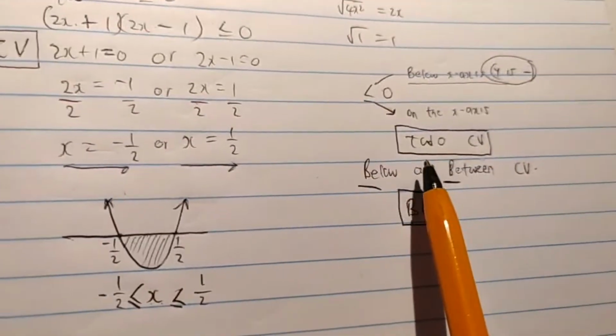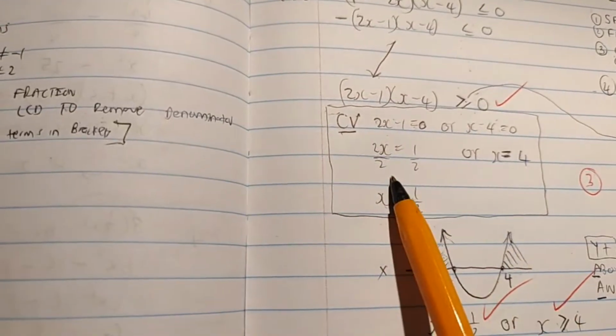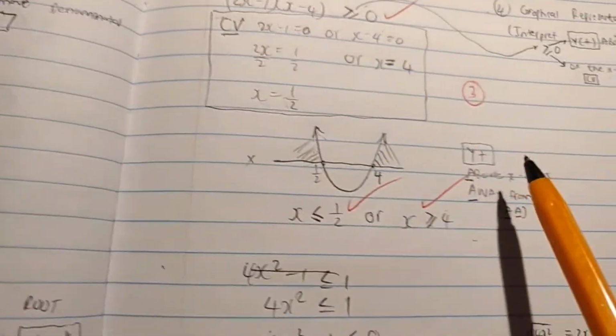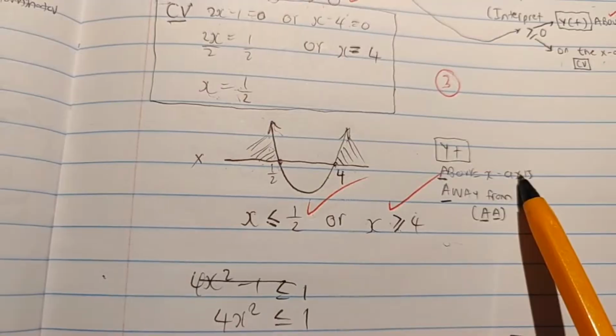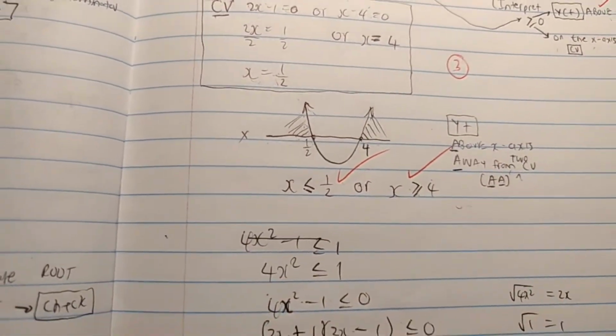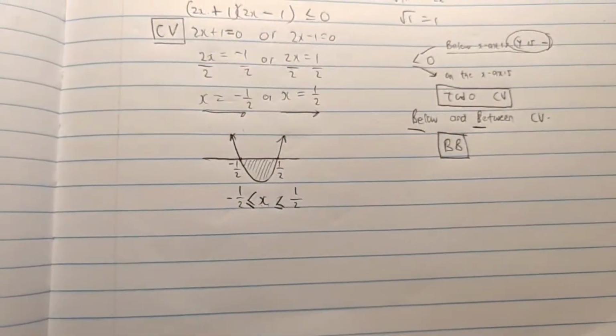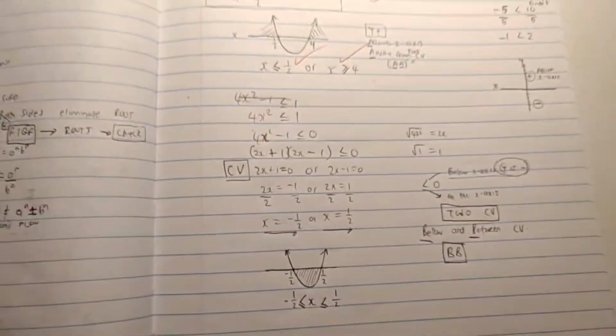Below means below and between your two critical values. If you have two critical values for greater than, that means above the x-axis, away from the two critical values. Okay, so we have AA, above and away, and we have BB, below and between, for two critical values.